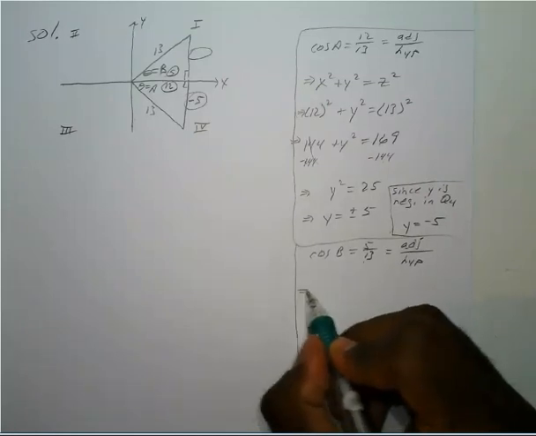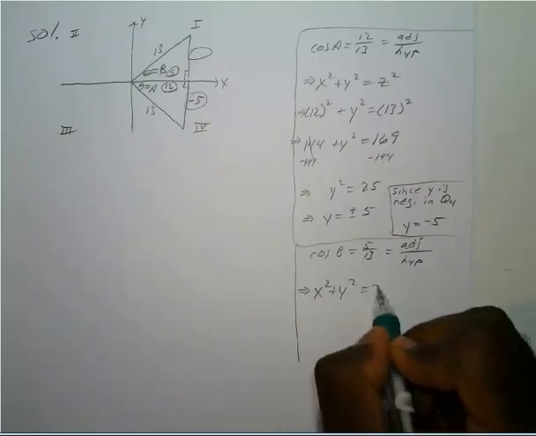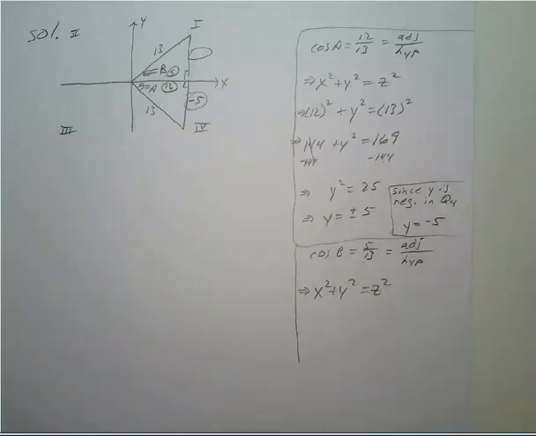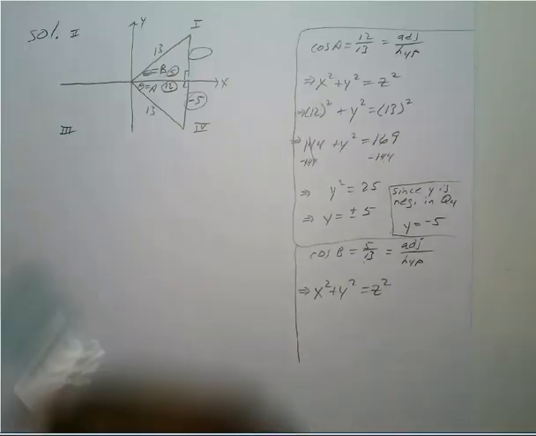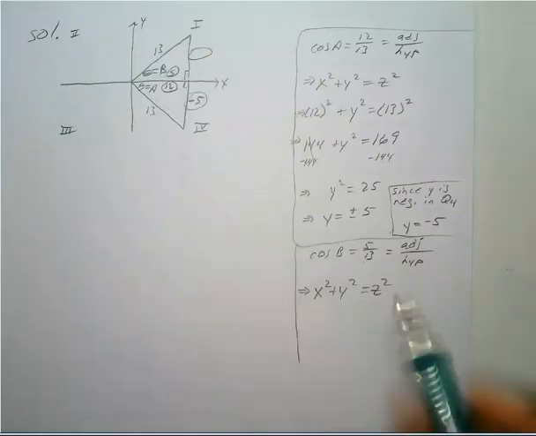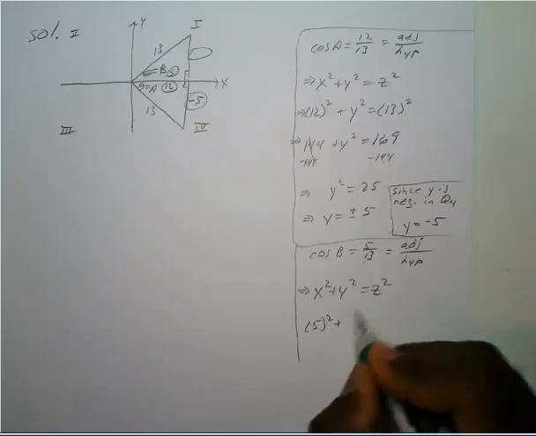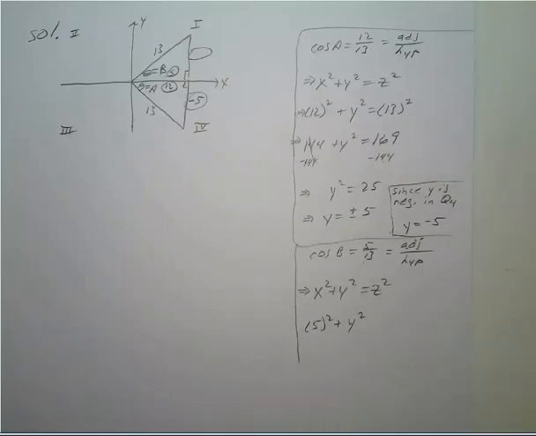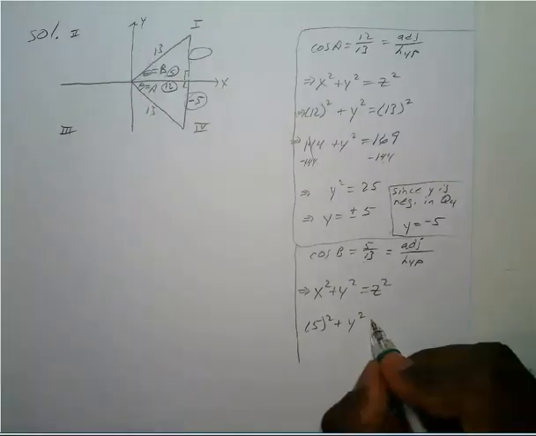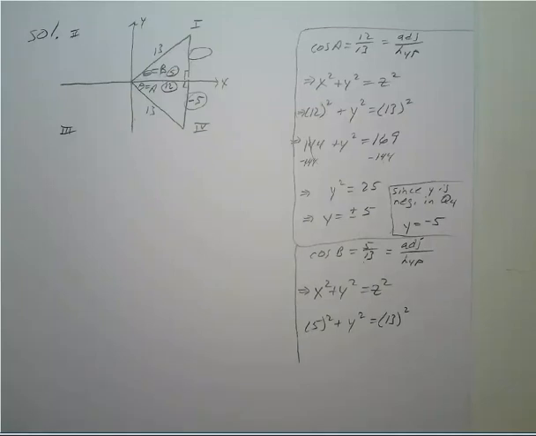Okay, so we use our x squared plus y squared equals z squared again. For b, our x is equal to 5. So that's 5 squared plus y squared, because we still have to solve for our y, is equal to our hypotenuse squared.